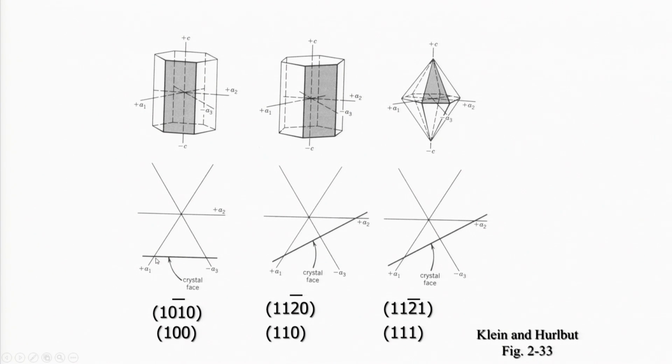So, it has intersected the negative direction of A3, the positive direction of A1, and it is parallel to the A2 axis. So, if this distance is the same, you can write 1, 0 in the position of the A2 axis, and you have to put a bar 1 for the position of the A3 axis.